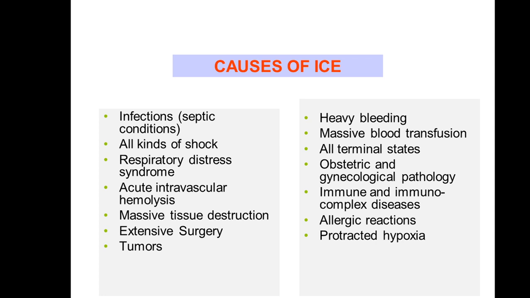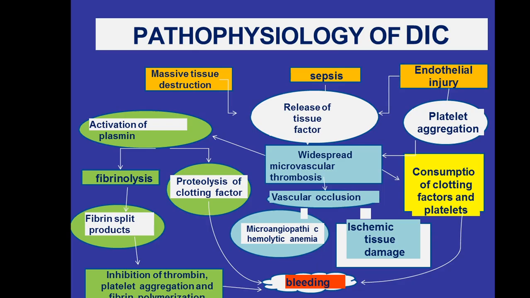It can develop due to infections, all kinds of shocks, respiratory distress syndrome, acute intravascular hemolysis, massive tissue destruction, tumors, obstetric and gynecological pathology, allergic reaction. All these disorders can result in DIC syndrome.